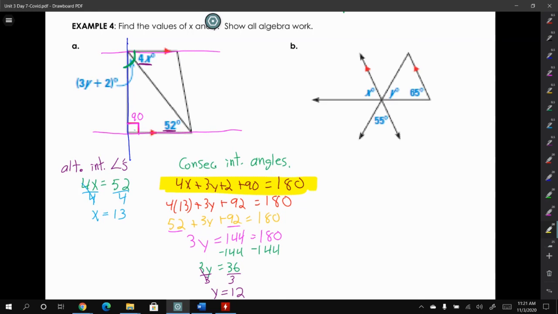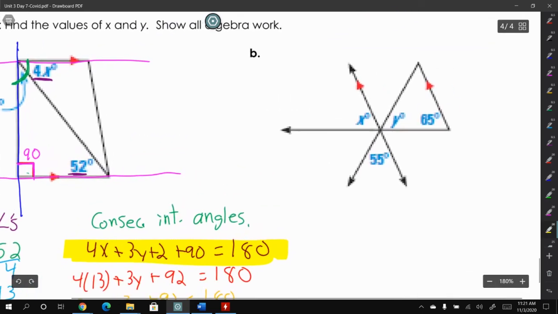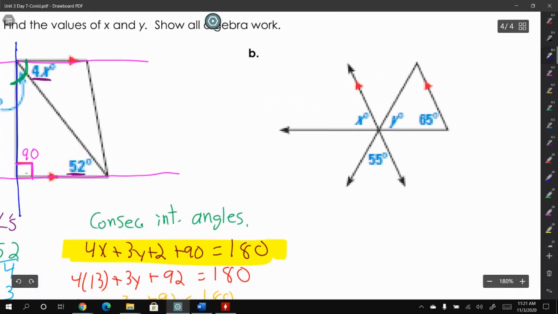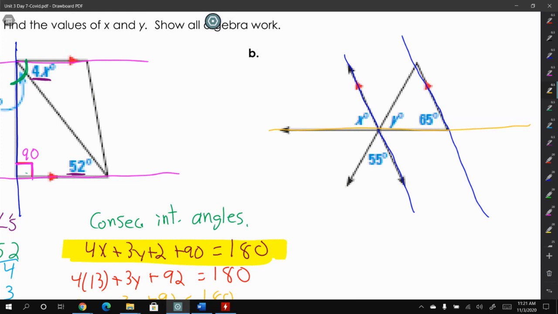All right, now let's look at example B here. So I have this line and this line. These two lines are parallel, and what I want to do first is see if I can figure out one of these angles, x or y. So I have that transversal.